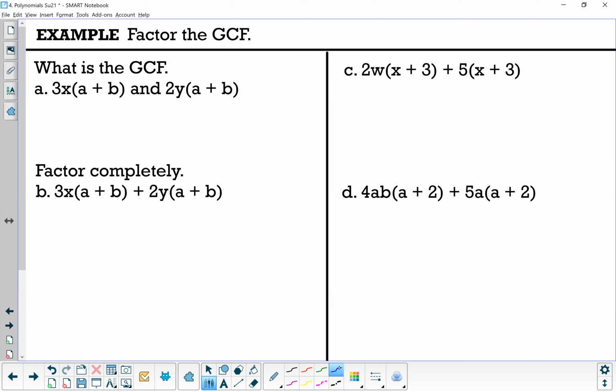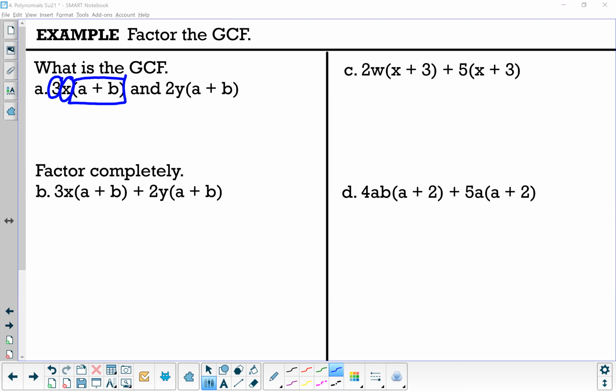Now let's break this down. 3 is a factor. x is a factor. And a plus b is a factor. The factor is not a, the factor is not b. The factor is a plus b.